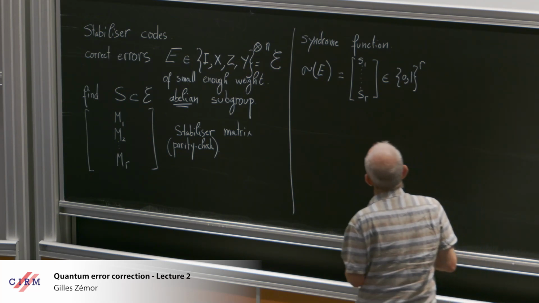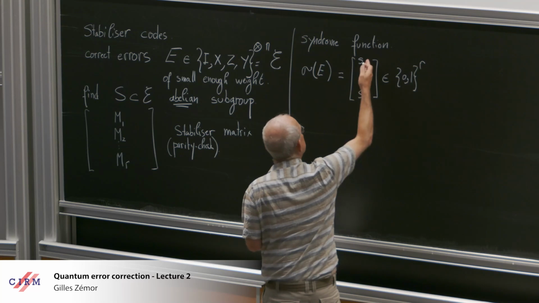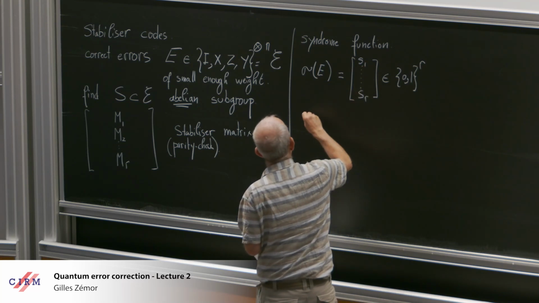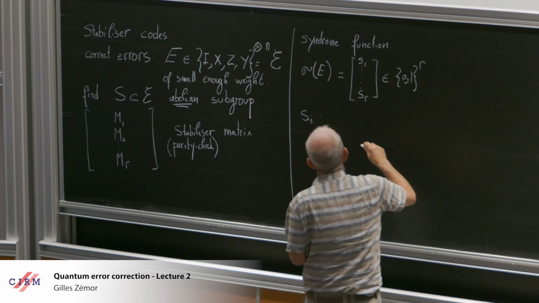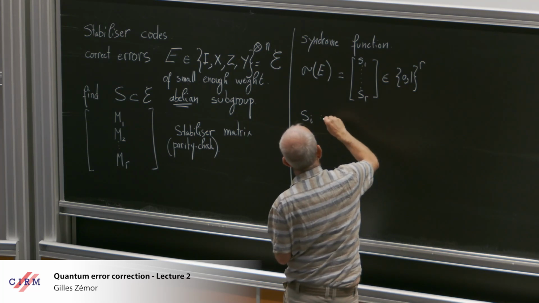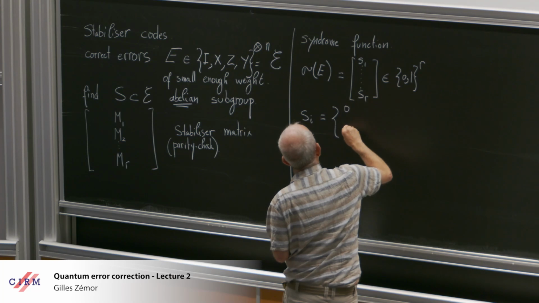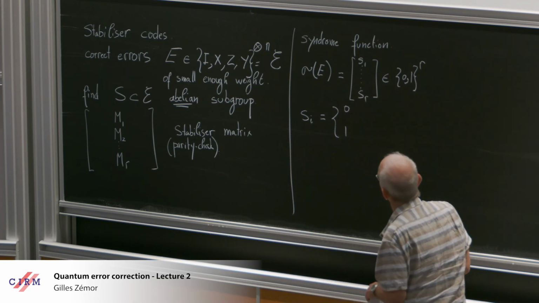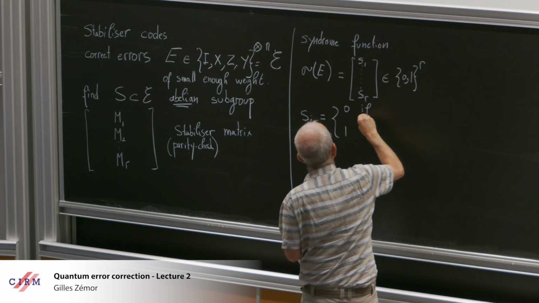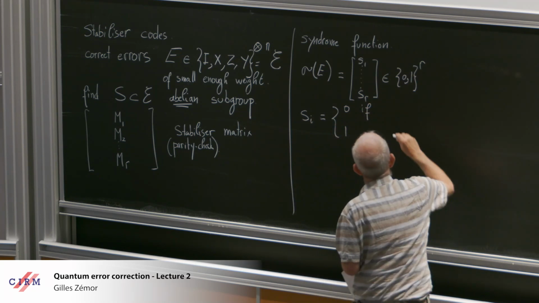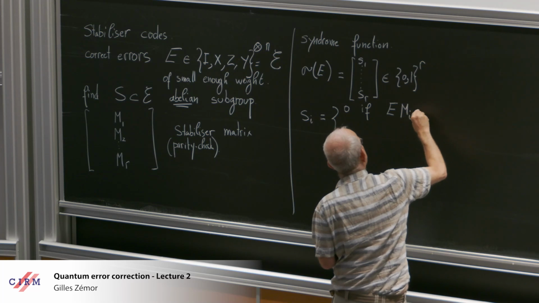What is the definition of S1 and more generally Si? Well, it's like this. Si is either 0 or 1, and we declare it to be 0 if E commutes with Mi.